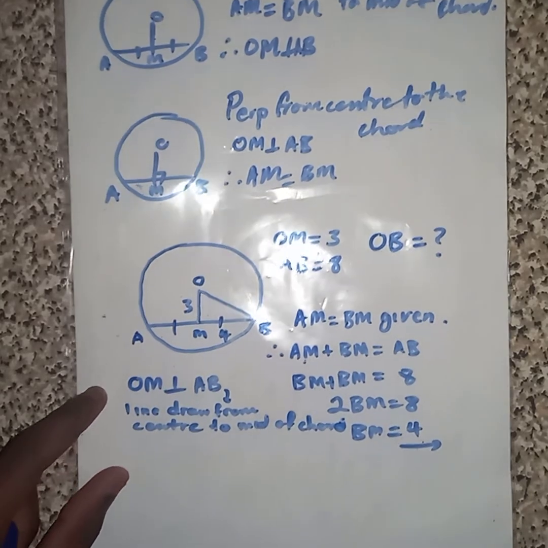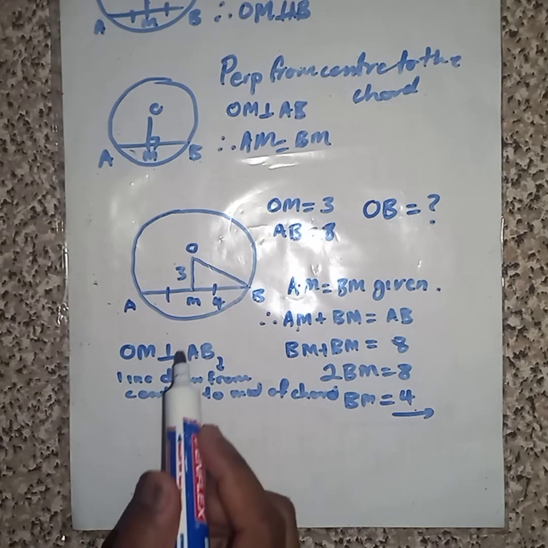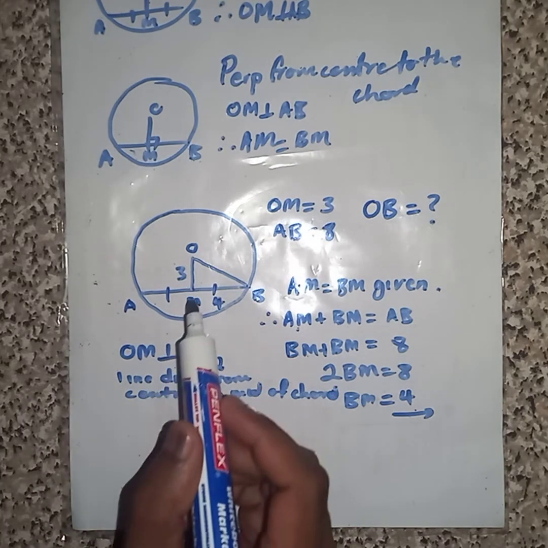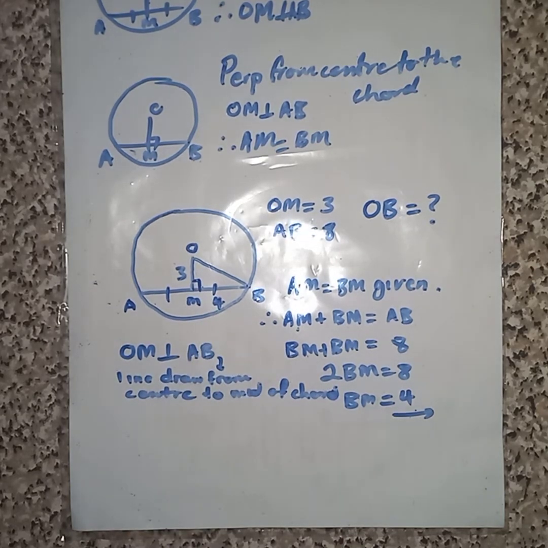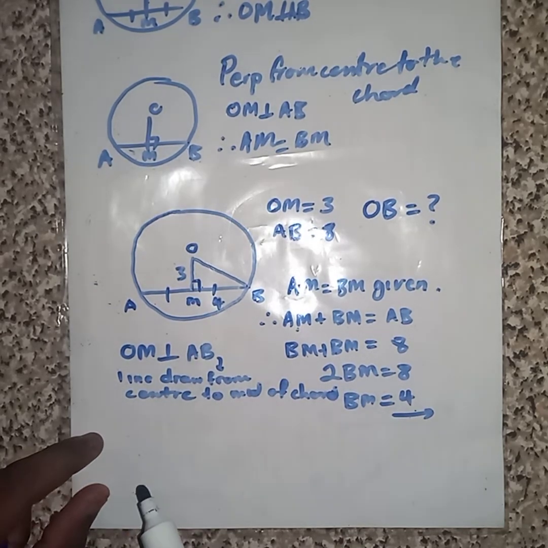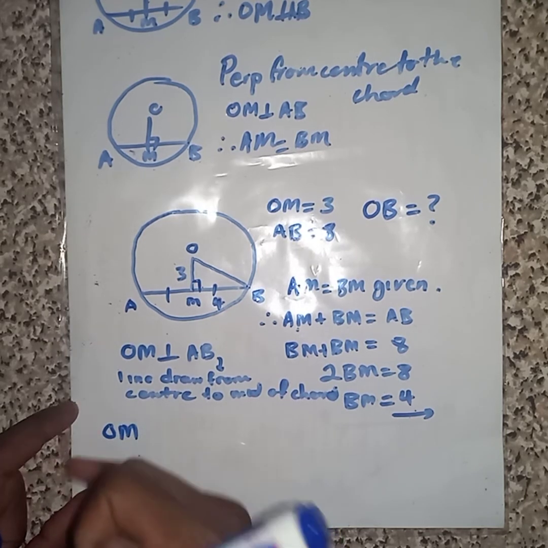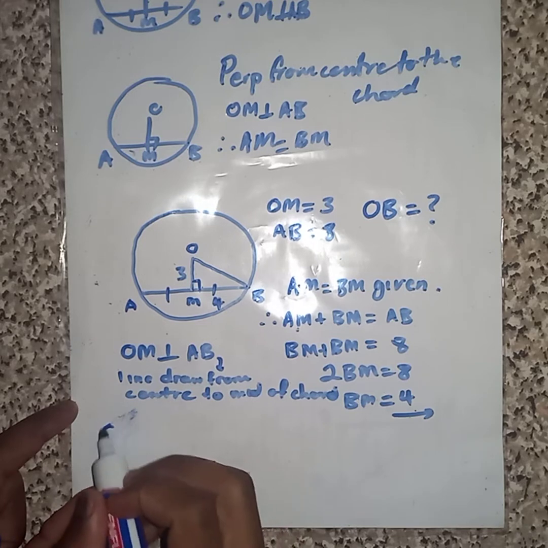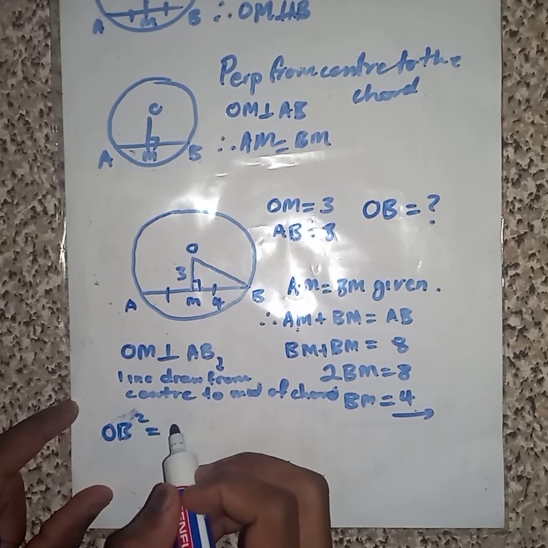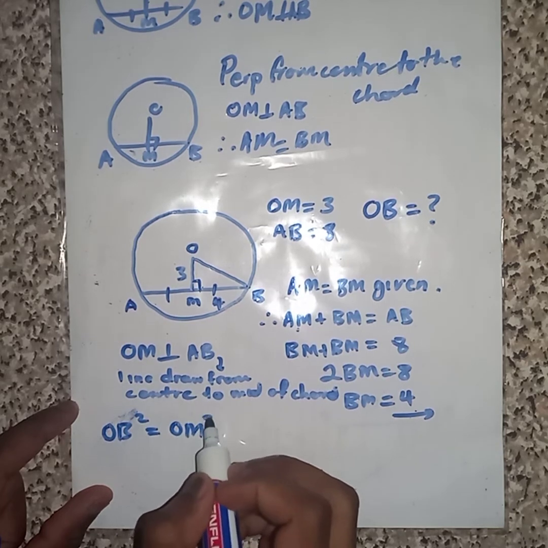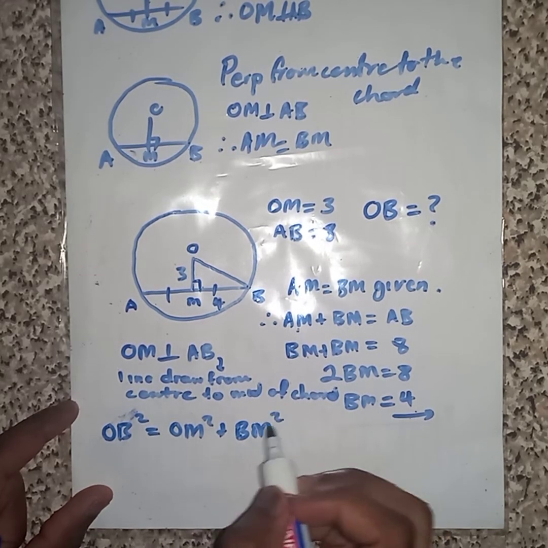Then we can now use what? The theorem of Pythagoras. Because we can see now that at this point we have a 90 degrees. Then we are going to use this one now: OB squared is, let's say, OM squared plus BM squared.